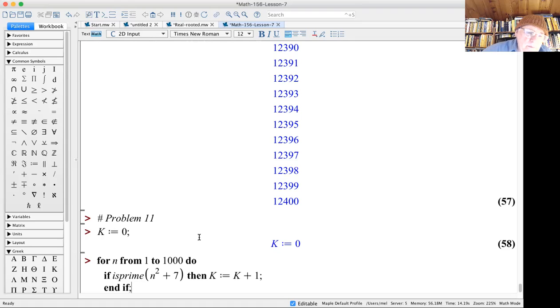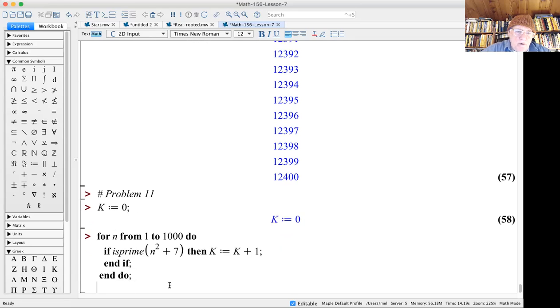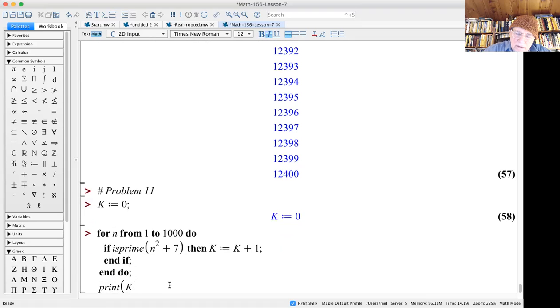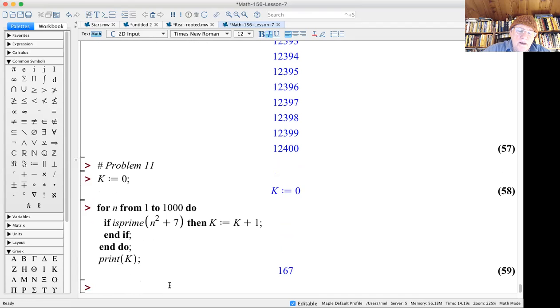So if I go through the first 1,000 numbers n, every time n squared plus 7 is a prime, I add 1 to k. And when I'm all done, I can say print k. The answer is there are 167 such primes.